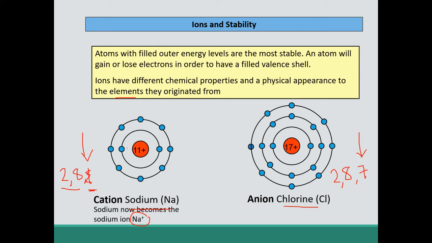So it's got more protons than electrons. Protons are positive, so you end up with one more positive, and it's got a charge of +1. Whereas chlorine now becomes the chlorine ion, which is known as chloride, and it's got an electron configuration of 2, 8, 8 because it's gained 1 electron.